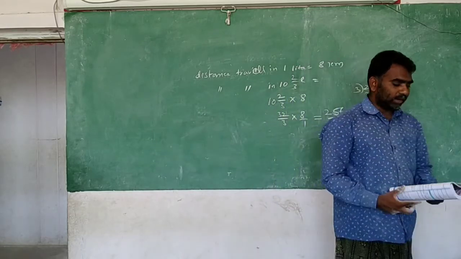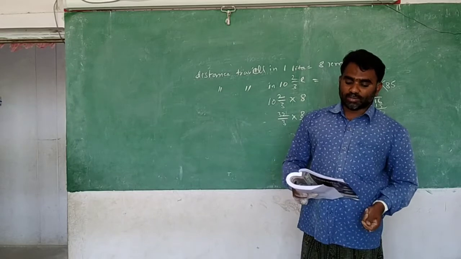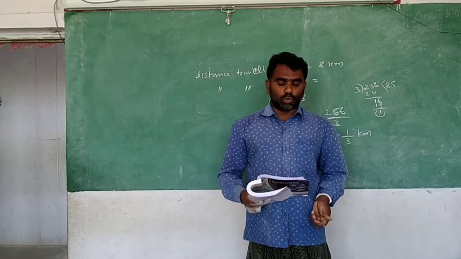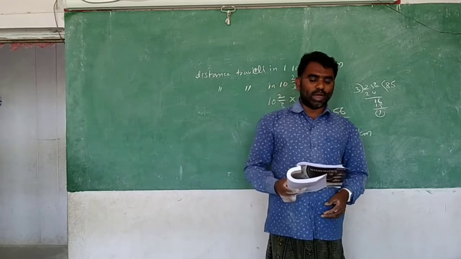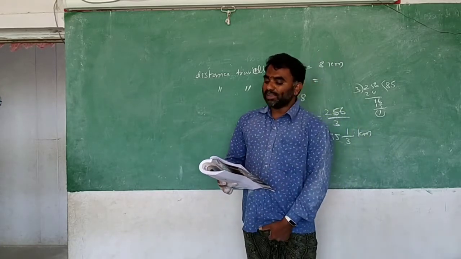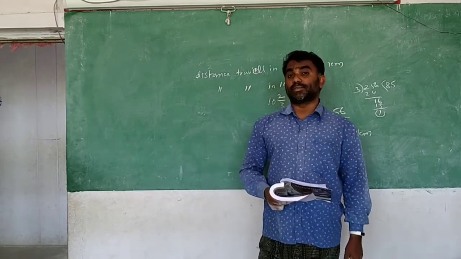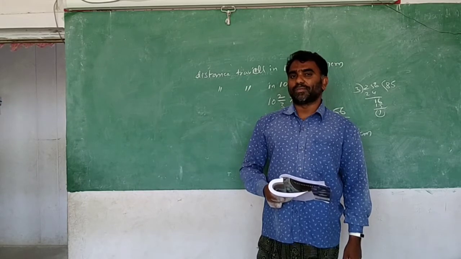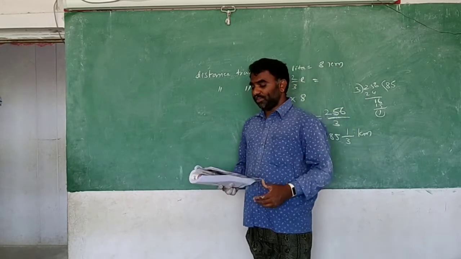In page number 38, Raju walks 1/2 meters in 1 second. Raju is walking 1/2 meters in 1 second. How much distance will he walk in 15 minutes? What should we do? Multiplication only, but one confusion is there here.